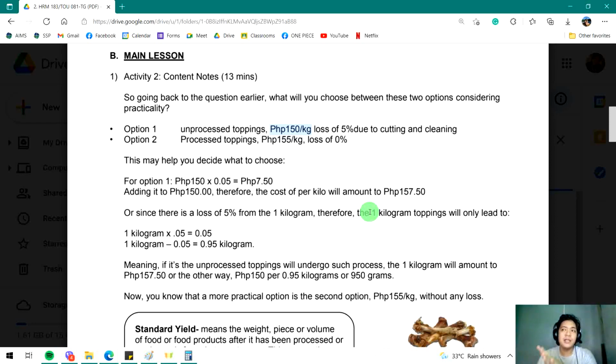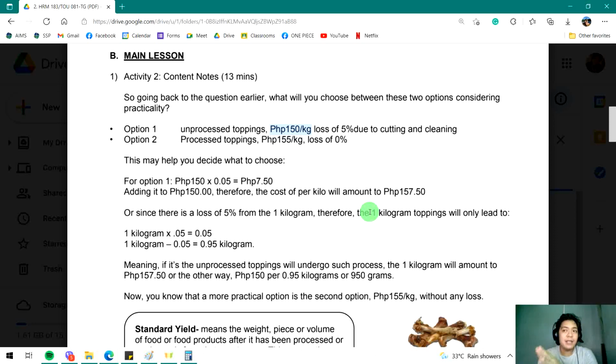Yung nawala. Kumbaga, let's say for example, bumili ka ng sibuyas, and then sa dami ng binalatan mong sibuyas, yung mga balat na yon binayaran mo yon. So kasama dapat siya sa costing.